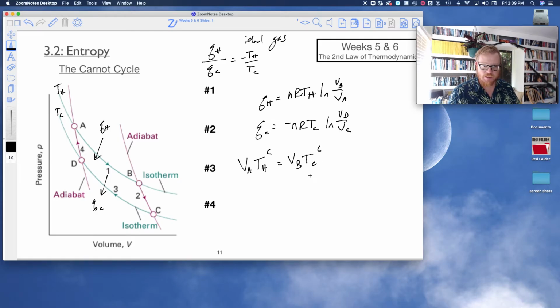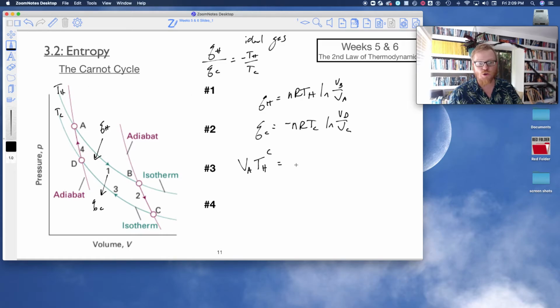Okay, so let's see, did I get that right? Oh, excuse me. I need to be looking at the adiabats, not the isotherms. Okay, so that's why I did that wrong.